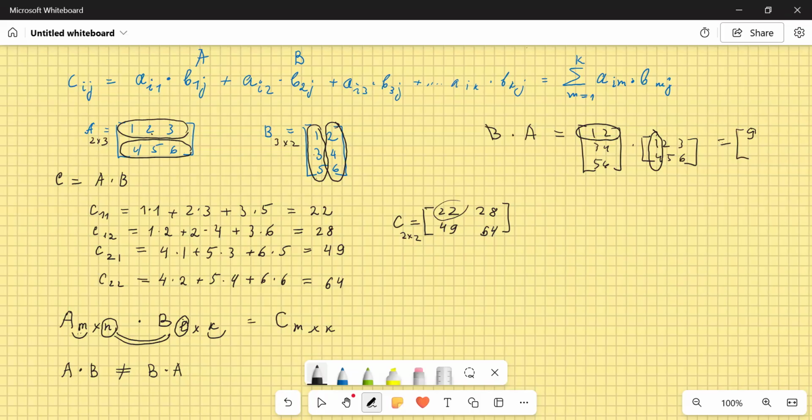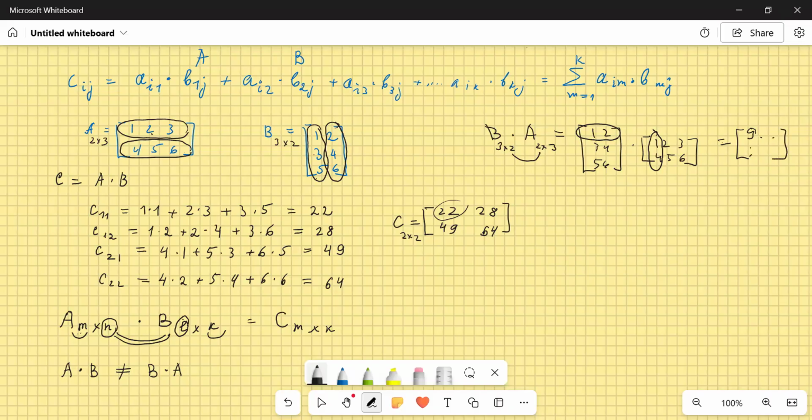What is going to be the resulting dimension of this product? Let me write down the dimensions: 3 by 2, 2 by 3, right? Remember that the inner dimension is going to disappear when you do multiplication, and only the outer dimensions are going to stay. So the resulting matrix is going to have 3 elements here, 3 elements here.